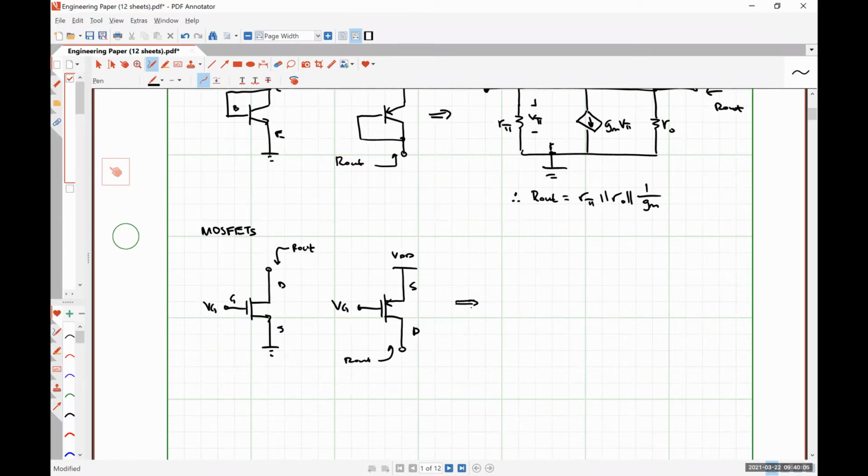Small signal model, we have this guy, gm vgs, in parallel with R naught. Here's where we're looking in.